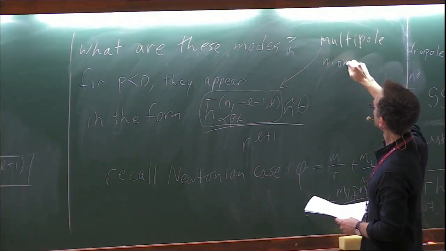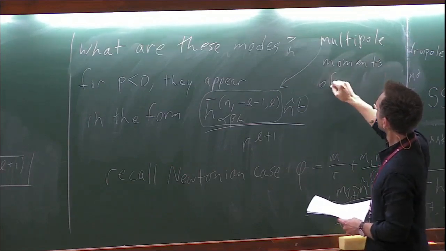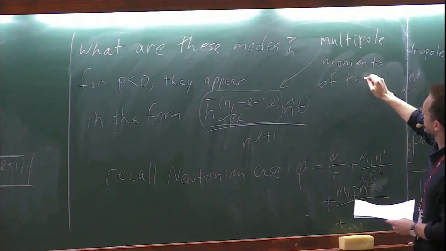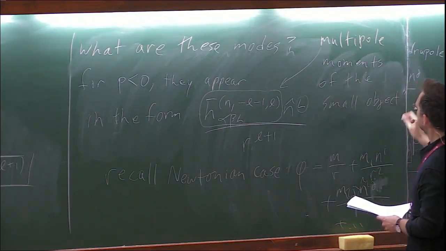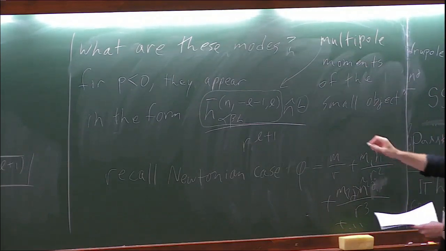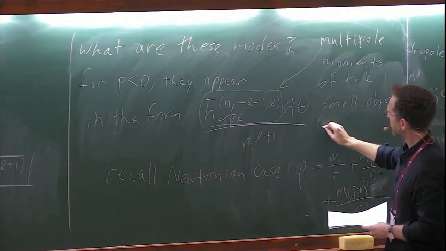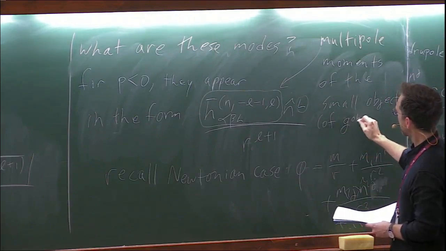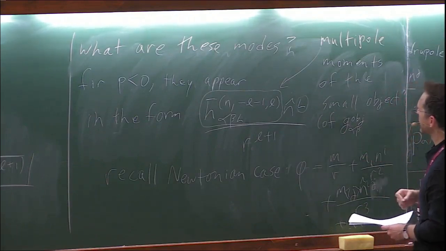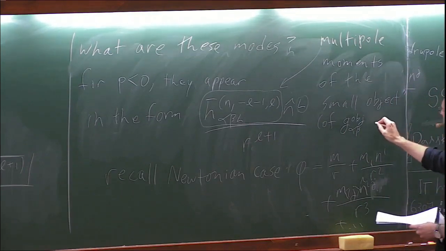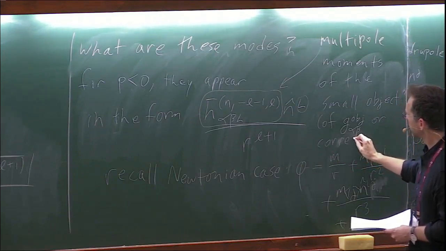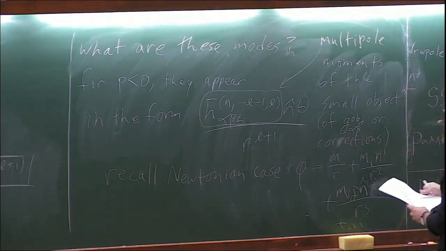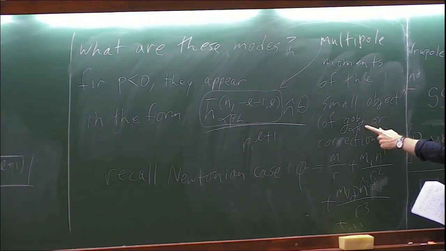So these are the multipole moments of the small object. So meaning of that inner background metric, G alpha beta object, the way we had them yesterday, or corrections to the multipole moments of the background spacetime G object.